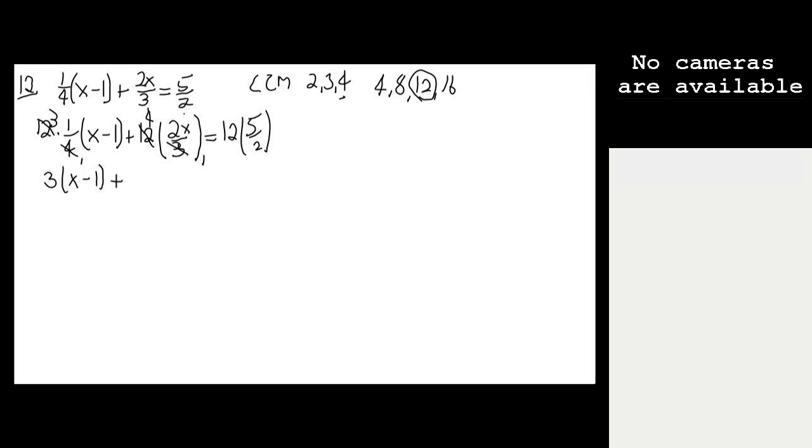So now we will do one more question on linear equations, which is number 13. So this question looks like this.